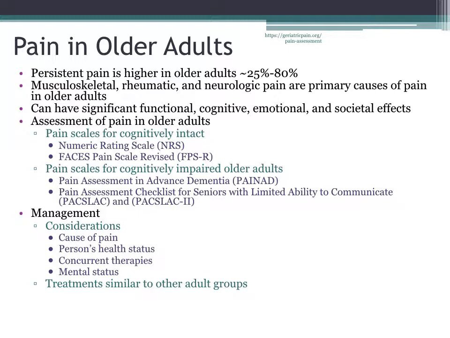We want to look at their concurrent therapies. Remember that there's drug interactions. Am I giving them drugs that are competing against each other so that they're not getting the pain relief that they deserve? And then, of course, what their mental status is.